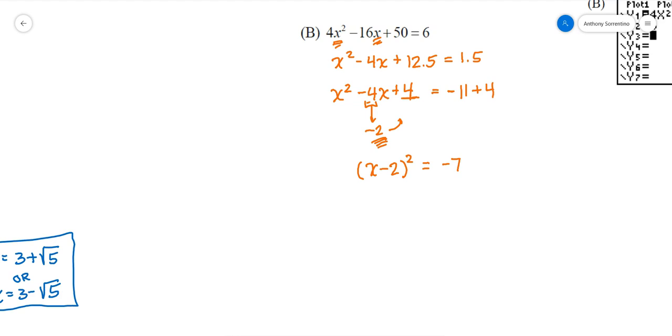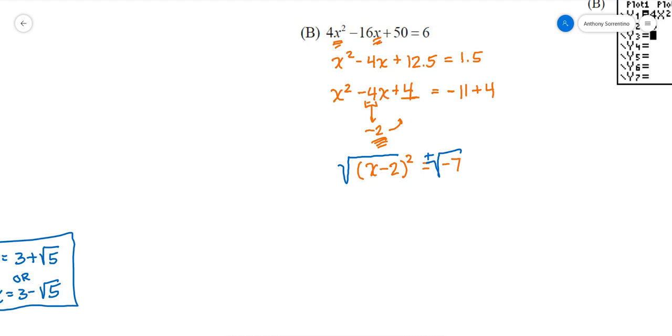So here, I have a minus 2 attached to the x, but that's all inside the parentheses, and anything inside the parentheses can't move until the parentheses go away. Since the parentheses are what's being squared, they can't go away until the square goes away. So I'm going to square root both sides.